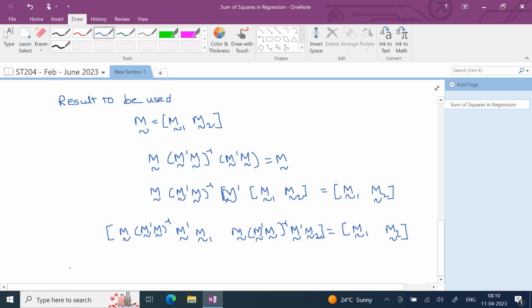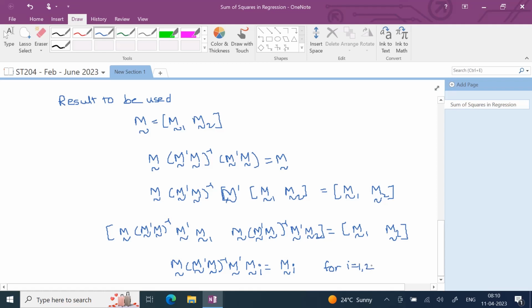So basically what I get is M into M prime M whole inverse M prime Mi is equal to Mi for 1 as well as 2, correct?